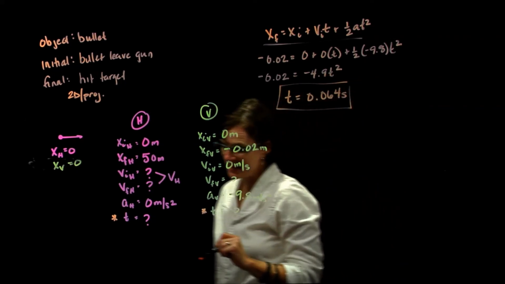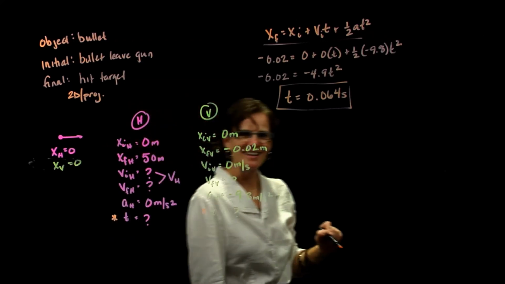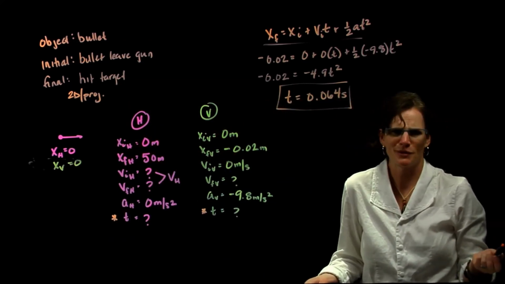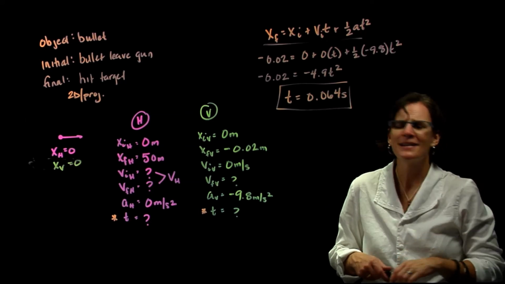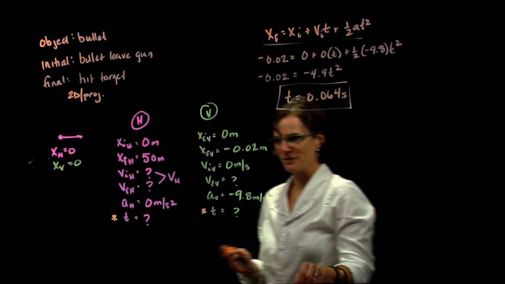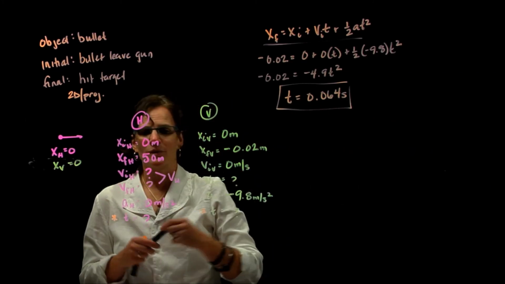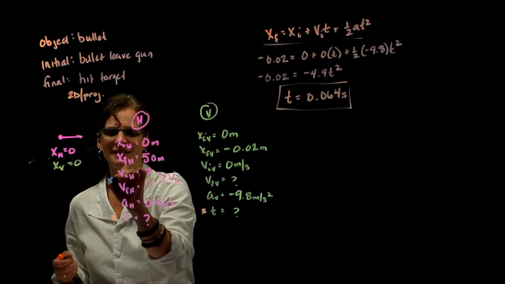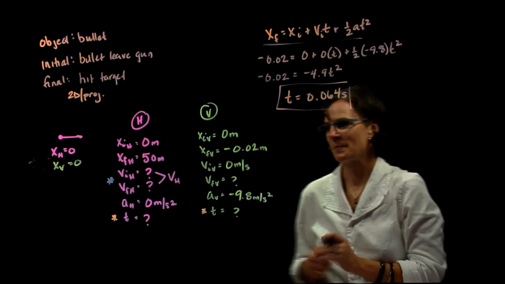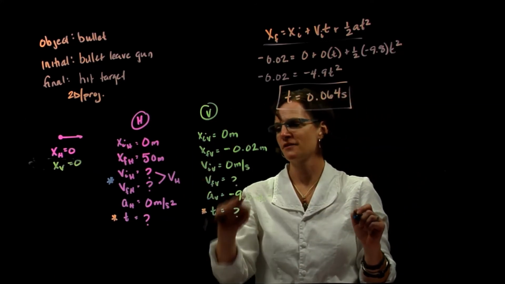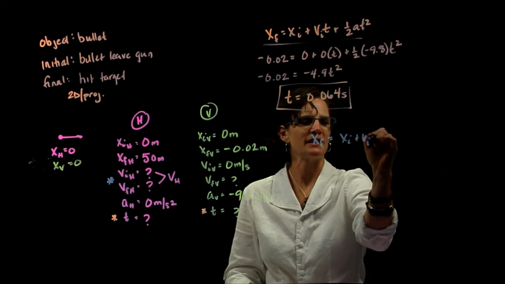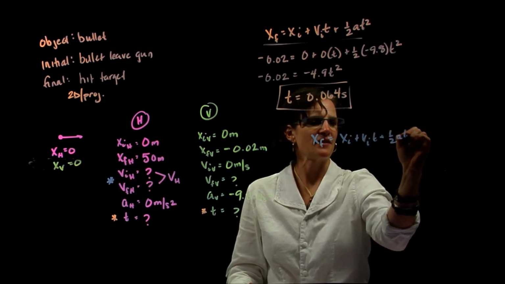All right, part B says, what was the bullet's speed as it left the gun? So it doesn't really care what the direction is. It's horizontal, it's positive, but it doesn't matter. But it does want to know its speed, which is the magnitude of the horizontal velocity. So we want to determine the initial velocity, and in this case, it's horizontal. So x final is equal to x initial plus v initial t plus 1/2 a t squared.